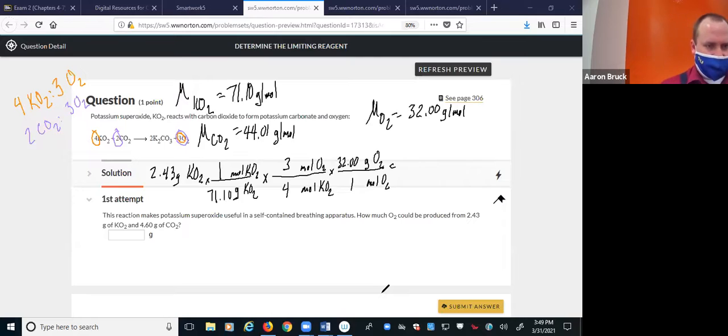Do the calculations: 2.43 multiplied by 3 multiplied by 32 divided by 71.1 divided by 4, to 3 significant figures, I get 0.820 grams of oxygen.